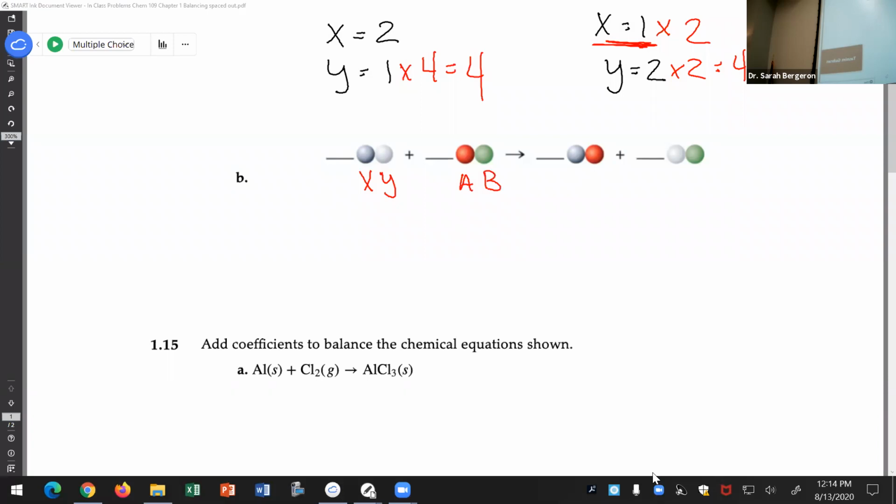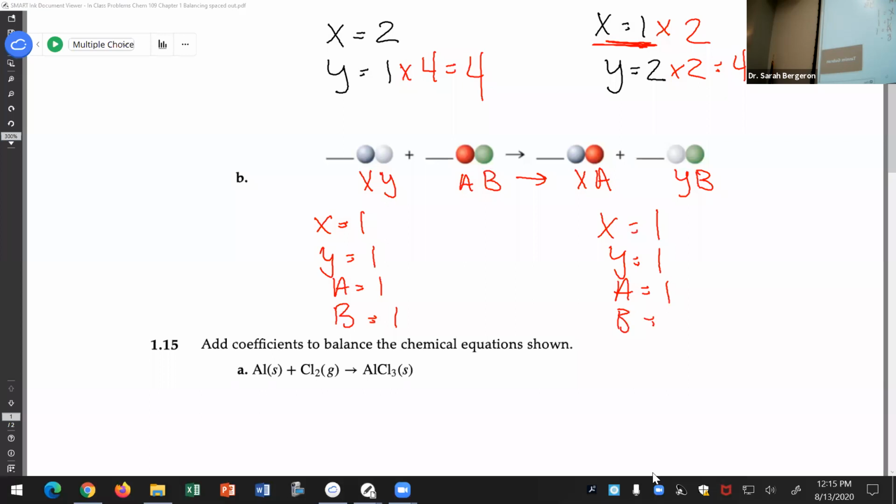We have the dark gray, which is X. We have the red, which is A, the light gray, which is Y, and the green, which is B. How many X's do we have in the reactants? 1. How many Y's? A's, B's. Okay, on the products, X's, Y's, A's, B's. Yay, we're so happy. We didn't have to balance anything.